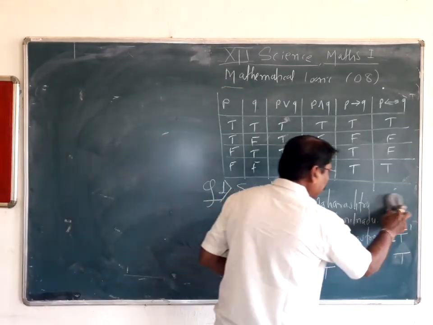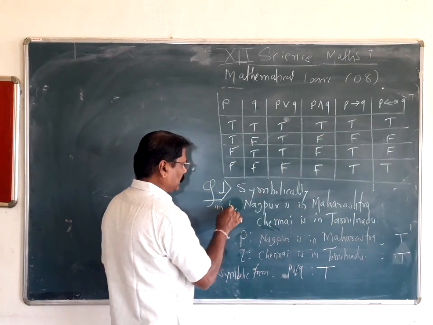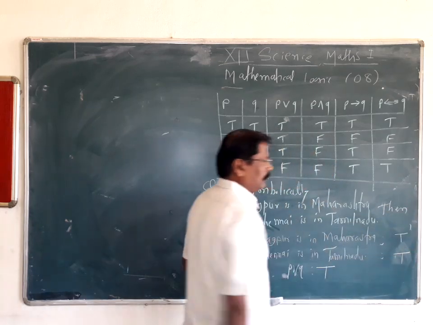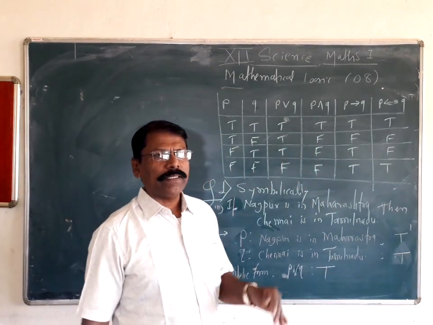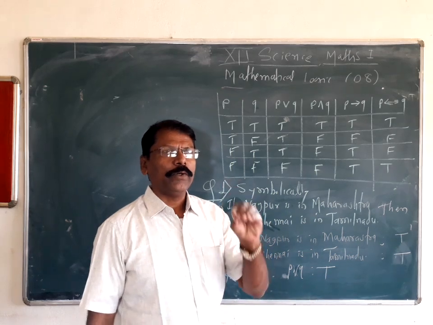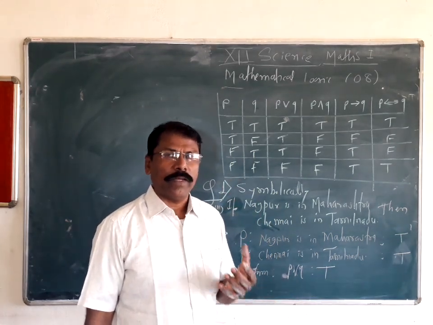Again, if I convert in terms of if, Nagpur is in Maharashtra, then see, it is immaterial whether the statement is true or false. It doesn't matter. We just represent the symbolic form, and after that we decide their truth values.